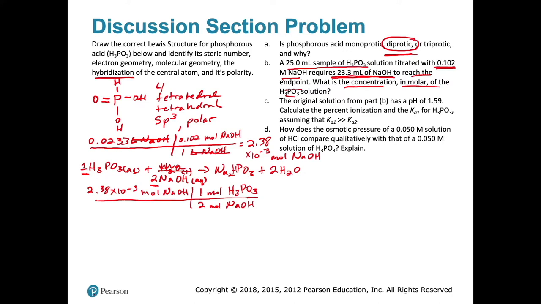So the reason why you needed a completely balanced chemical equation here, like Miss Dickens told you in discussion, is because from the balanced equation, you know that for every 1 mole of phosphorus acid, which is in the top row right here of the dimensional analysis, there's 2 moles of sodium hydroxide down here at the bottom of the dimensional analysis, right? So awesomely enough, moles of sodium hydroxide cancel out, and you're left with what? Moles of phosphorus acid.